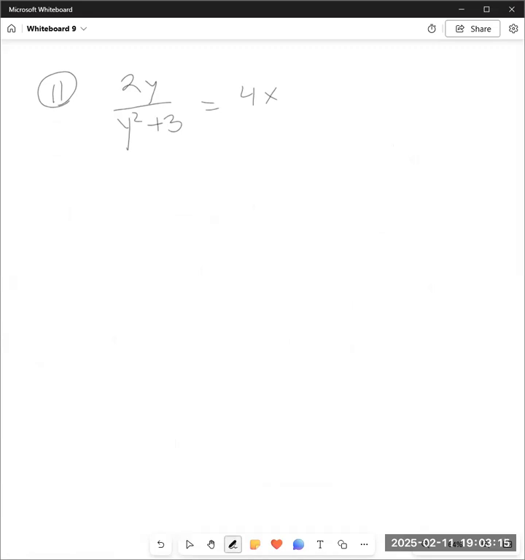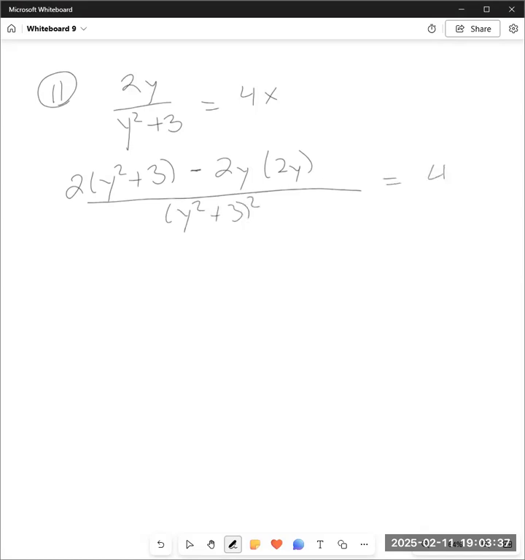So let's go ahead and differentiate implicitly, and we get derivative of the top times the bottom minus derivative of the bottom times the top all over the bottom squared, equals the derivative of the right-hand side. We're going to go ahead and multiply by that denominator on the right-hand side. That denominator can never equal 0, so it's legitimate to do that.